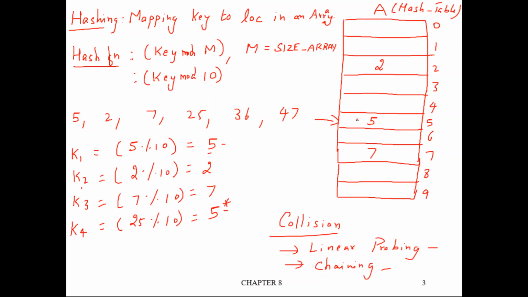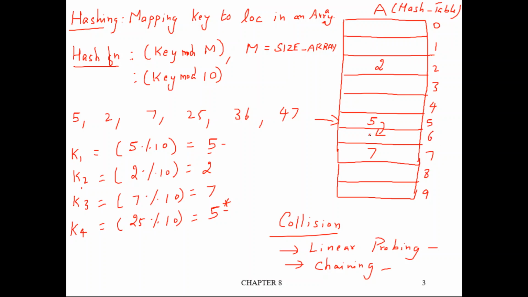The concept of linear probing says you just go to the next location and check whether that location is empty or not. If that location is empty, just use that location. Now if you go to the next location, it is the sixth location. Is it empty or not?